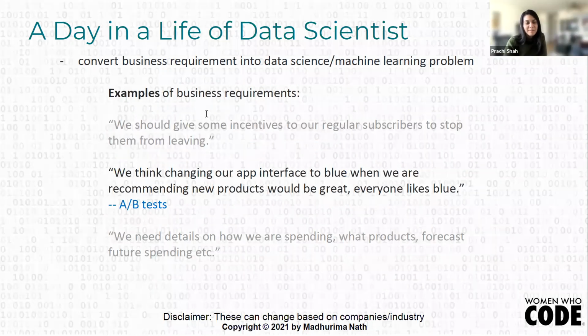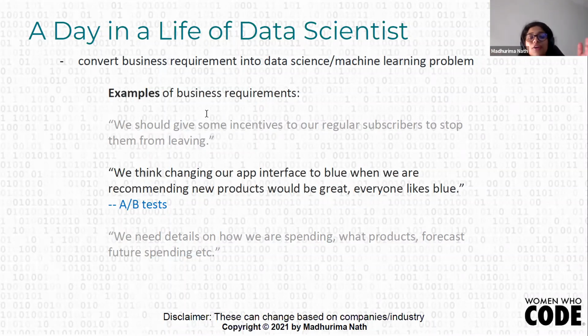Once you have boiled down that, yes, I need to do an A/B test, after that you'd go and start looking at the data and see if the data is even feasible to do an A/B test or some other test is required. But this is a very good example of a control group and A/B test, whether trying to launch, let's say, a beta version of something or a new colored version of something before even launching, because that requires significant back end engineering and lots of software people need to be involved before even taking that decision.